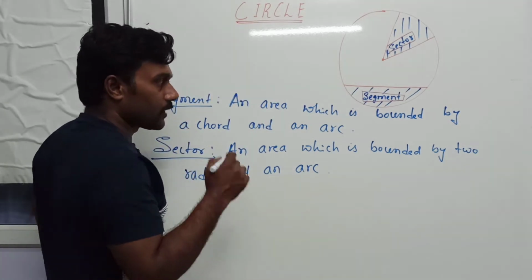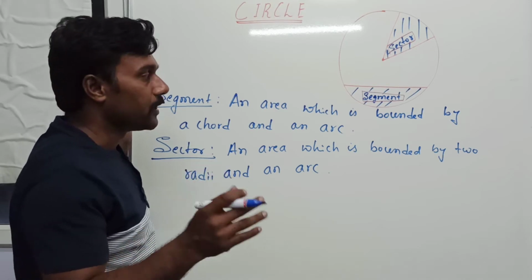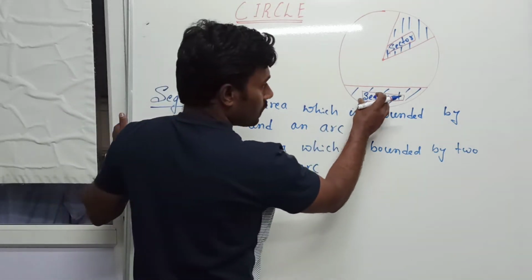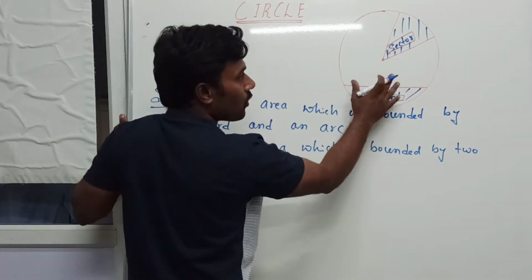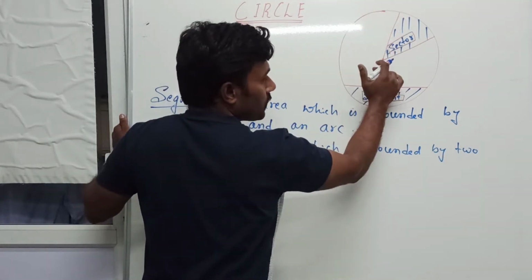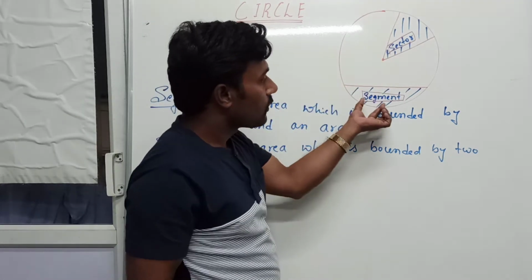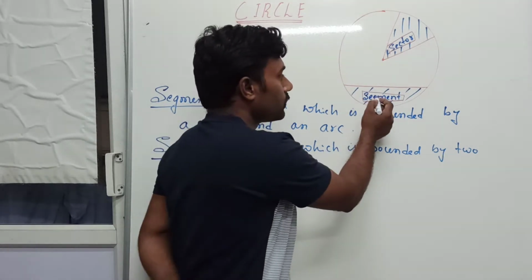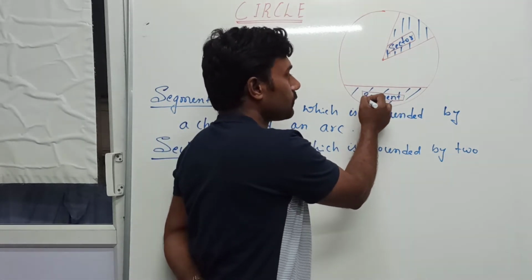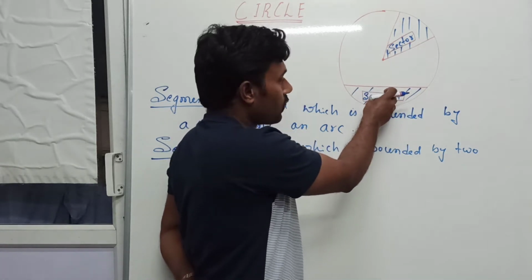We can classify the segment as minor segment and major segment. See here, this is below the center and this region is small compared to the remaining region. So this is a minor segment.